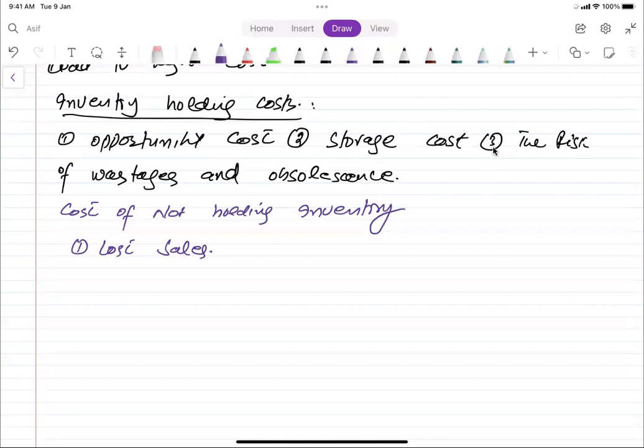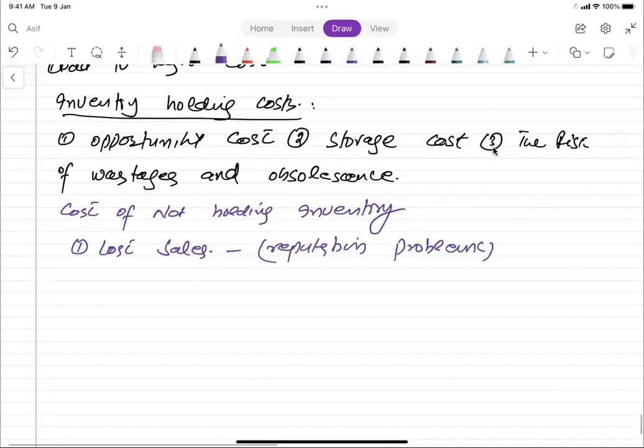What will happen? One, they have lost the sale because you will go to another medical store and buy the Panadol. And second is the reputation problem. You won't go to that medical store again. You will realize that they do not keep the essential inventory, so you do not need to go there and purchase anything.